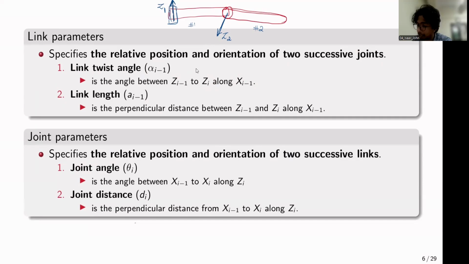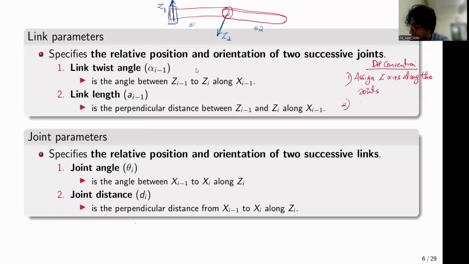So maybe I'll write it over here. The first step is to assign the z-axis along the joints. We have done it so far, based on DH convention.